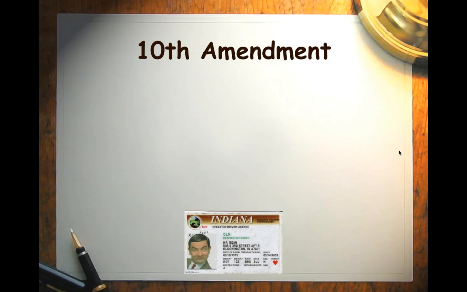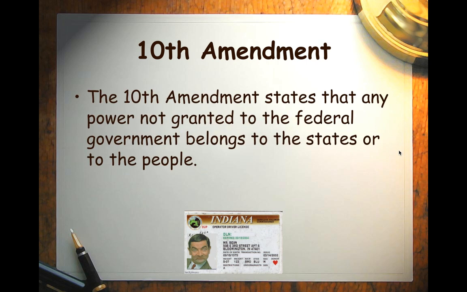And furthermore, in the 10th Amendment, any power not explicitly granted to the federal government belongs to the states or belongs to the people themselves. So this is the amendment that is basically diametrically opposed to that thing we talked about in the body of the Constitution called the Elastic Clause.